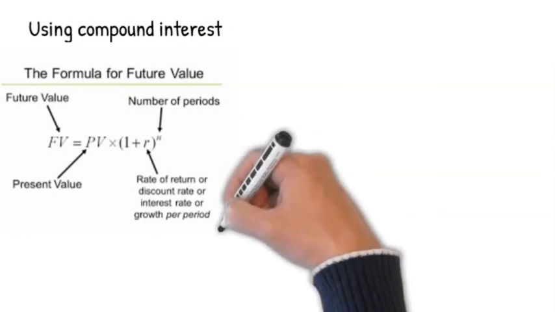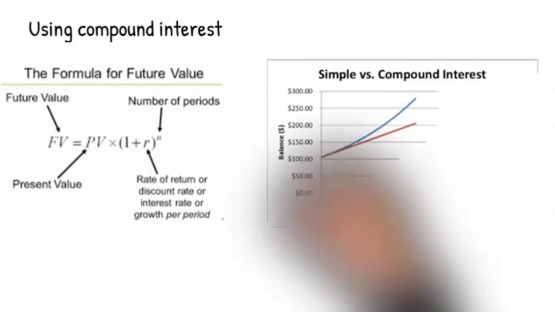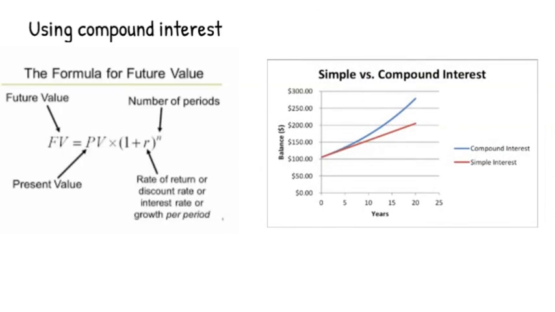To calculate the future value at a compound interest rate, we use the formula FV equals PV times (1 plus R) raised to power n, where as usual the PV is the present value, R is interest rate, and N is number of periods. The worth of money increases linearly using simple interest, while exponentially using compound interest.